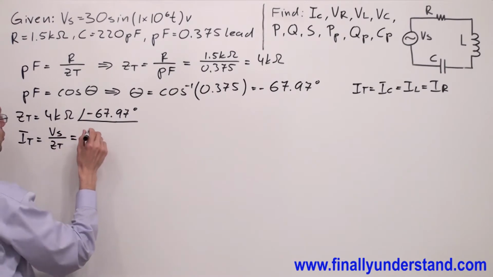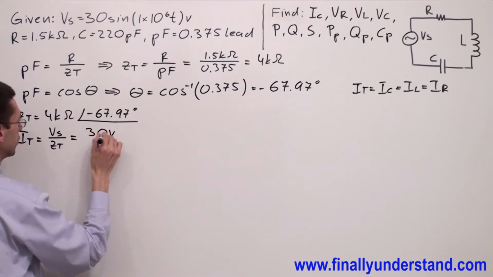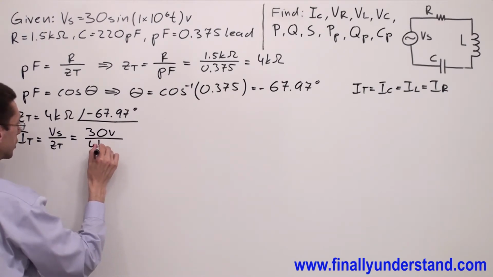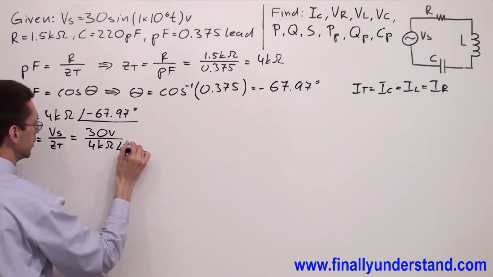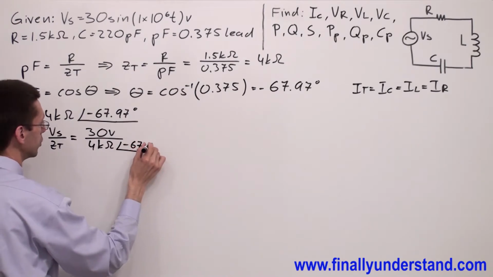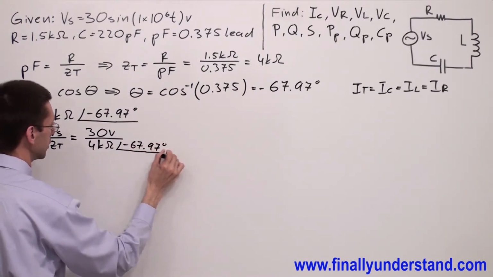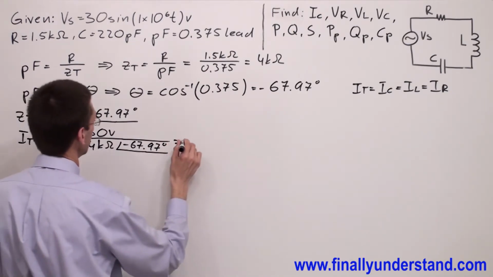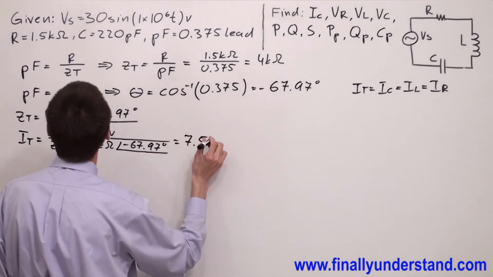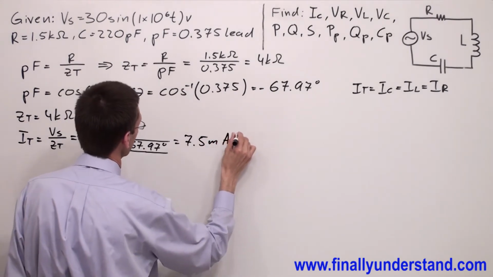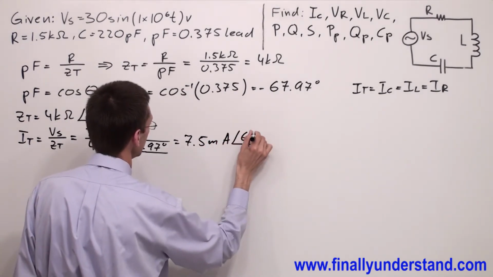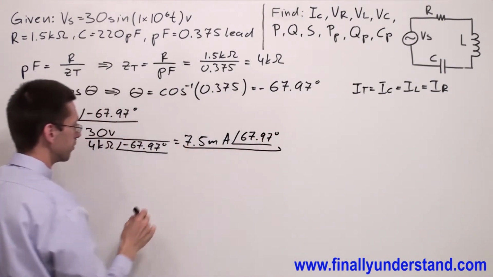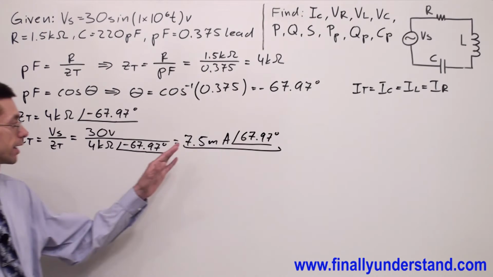So voltage source is equal to 30 volts, and Z total we calculated is 4 kilo ohms and angle of negative 67.97 degrees. This is equal to 7.5 milliamps and angle of 67.97 degrees. So this is the value of the current in my circuit.